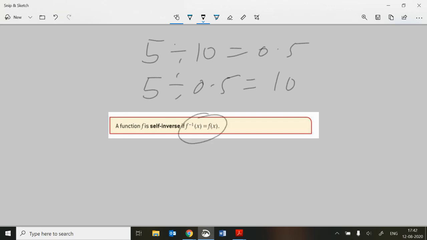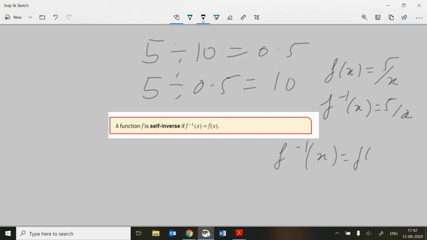Now they give this as the definition. By the way, this function would be 5 over x. It's a reciprocal function. So 5 over x would be the same as its inverse function. All I need to do is apply it a second time. So that's saying that f to the minus 1 of x is equal to f of x. But I can apply that same function a second time and I will get back to the original answer.